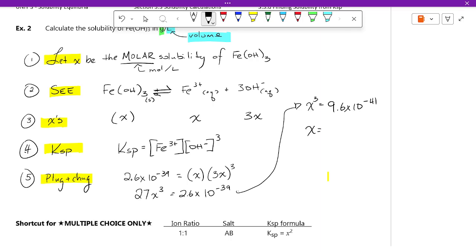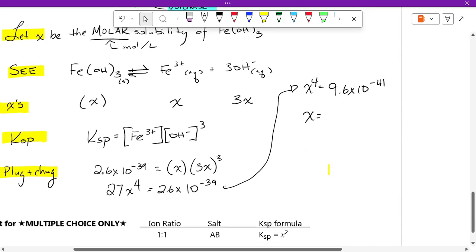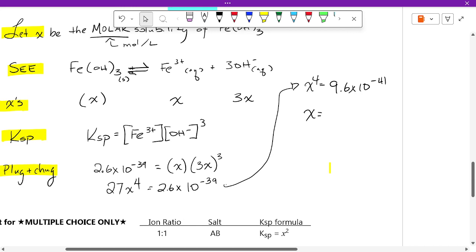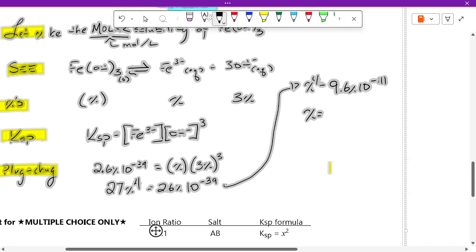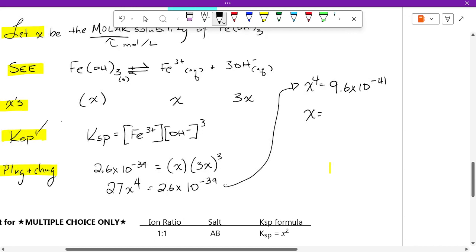Oh, it's x to the 4th, isn't it? Yep, you're right. Where did I get the 2.6? It's in the data booklet, page 5.